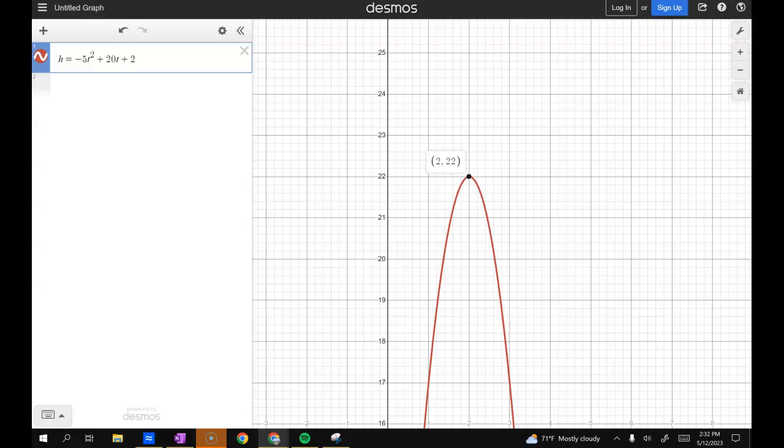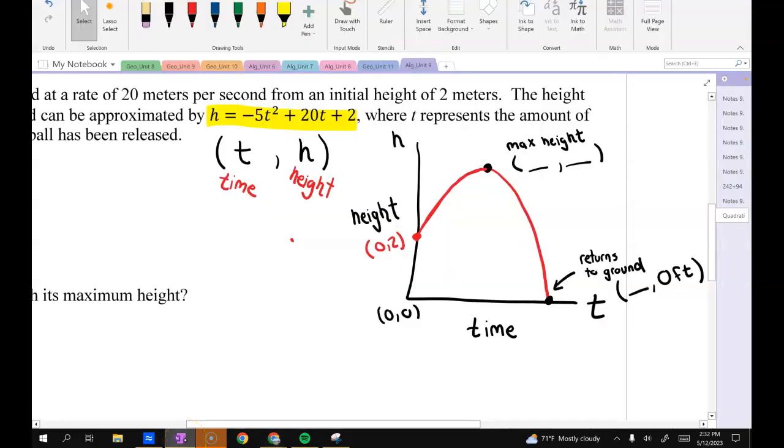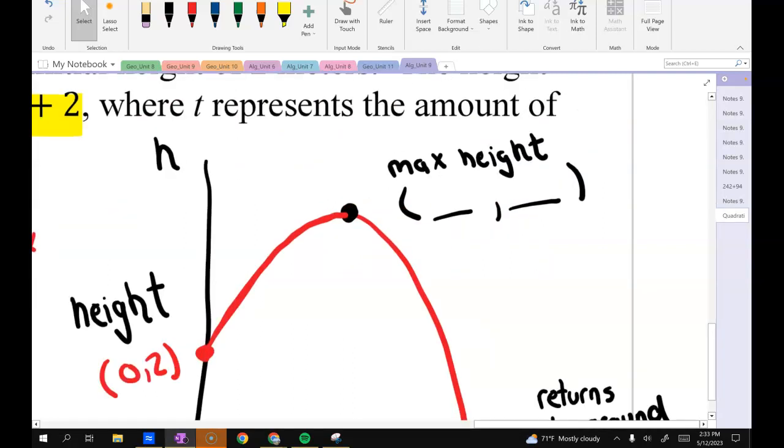So flipping back to our notes, our max, if I want to fill in these blanks here, 2 and 22. This will be 2 seconds and 22 meters. So we can answer those first two questions.